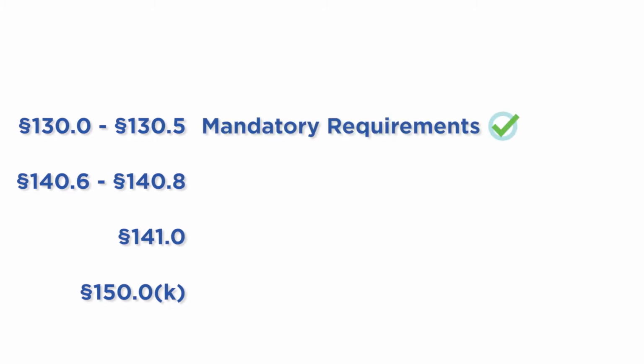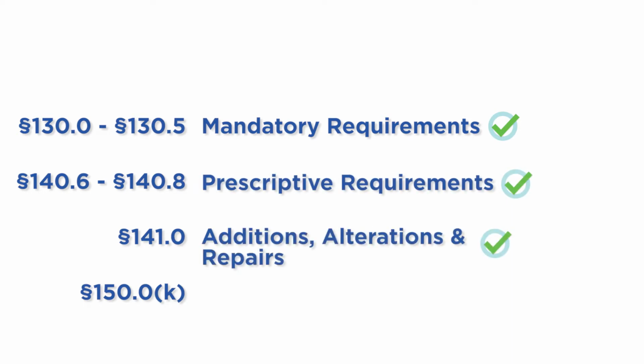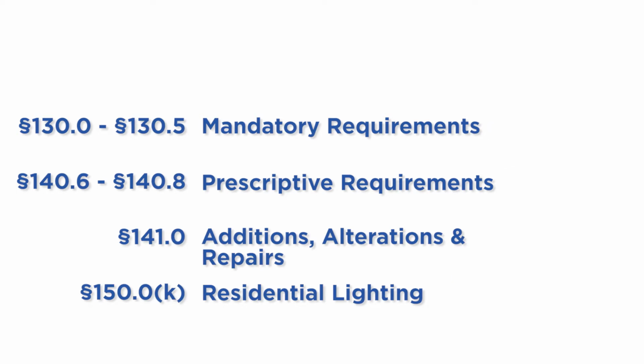The energy standards contain lighting control requirements in sections 130.0 through 130.5, sections 140.6 through 140.8, section 141.0, and section 150K of the energy standards. These sections specify when and where lighting controls are required and how they must operate.